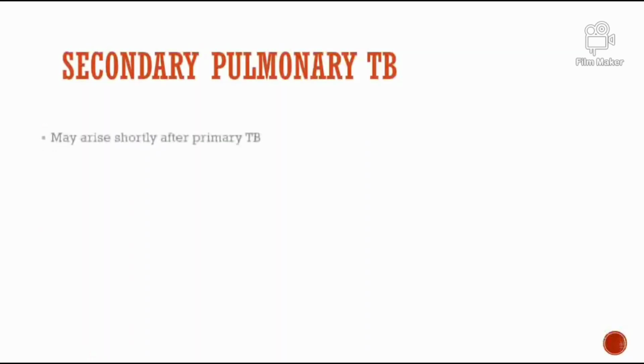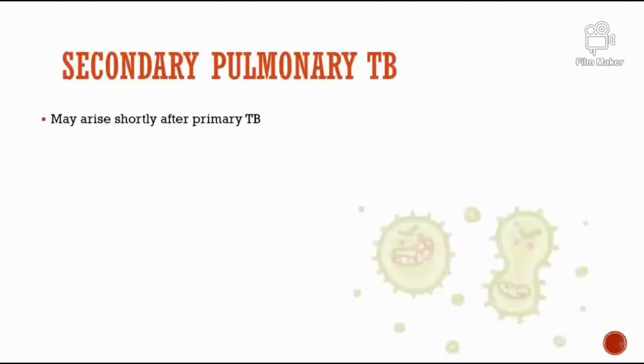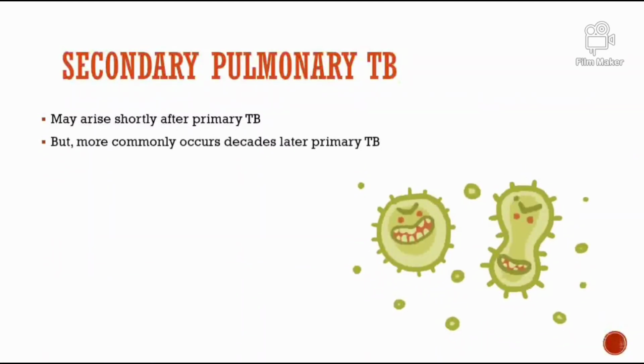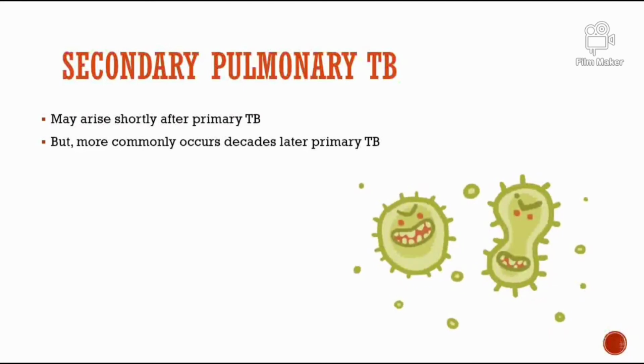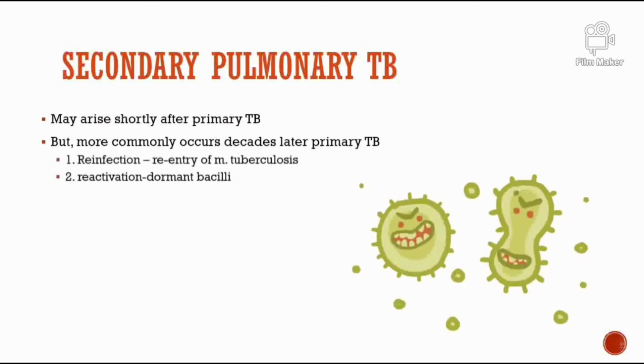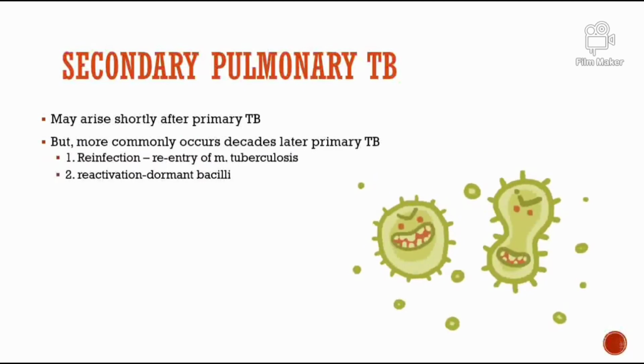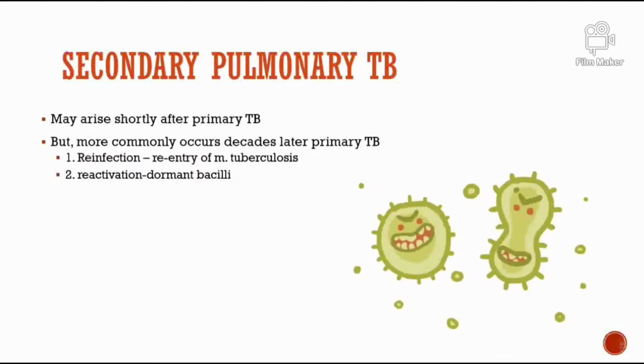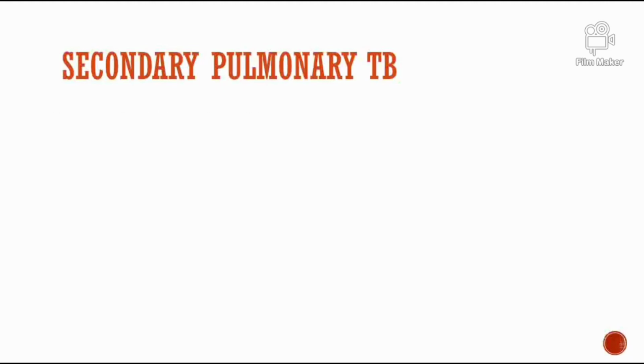Then secondary pulmonary TB may arise shortly after primary TB, but more commonly occurs a decade later than the primary TB because of reinfection or entry of Mycobacterium tuberculosis and reactivation of the dormant bacilli.